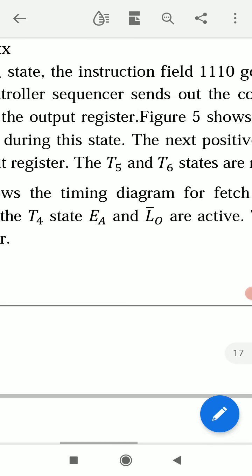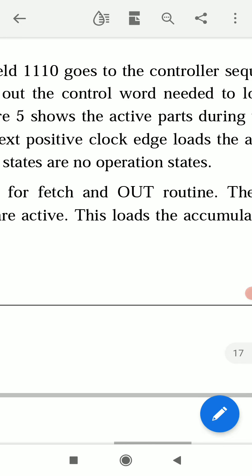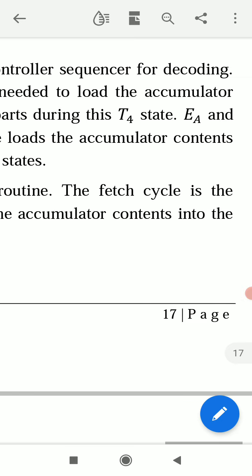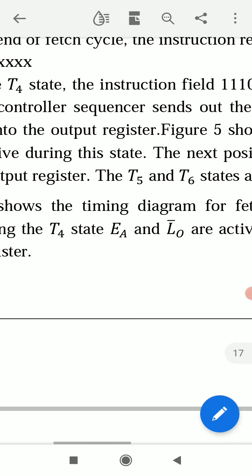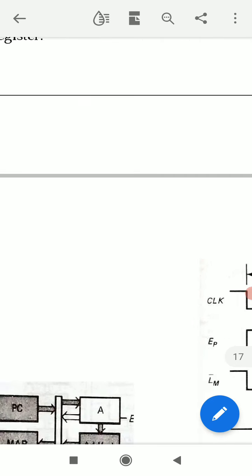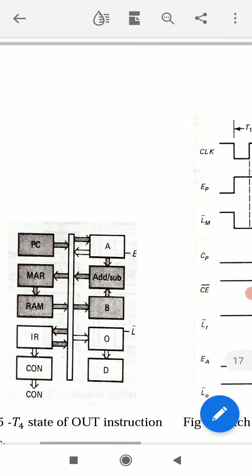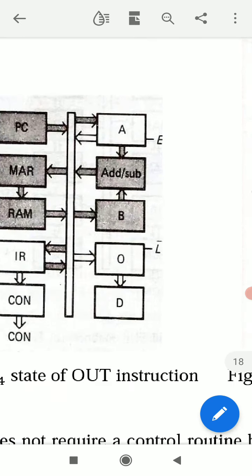Then the controller sequencer sends out the control word needed to load the accumulator content into output register. So we have to load this accumulator content into the output register.